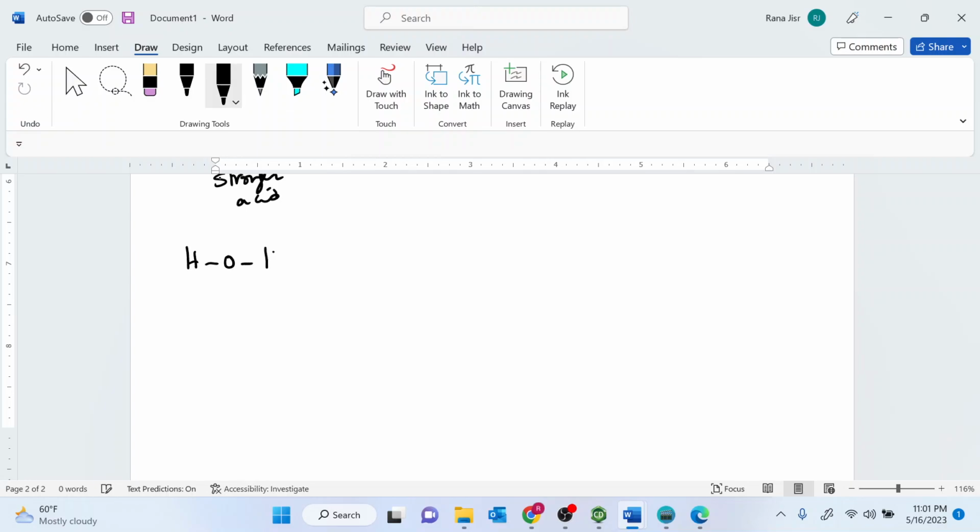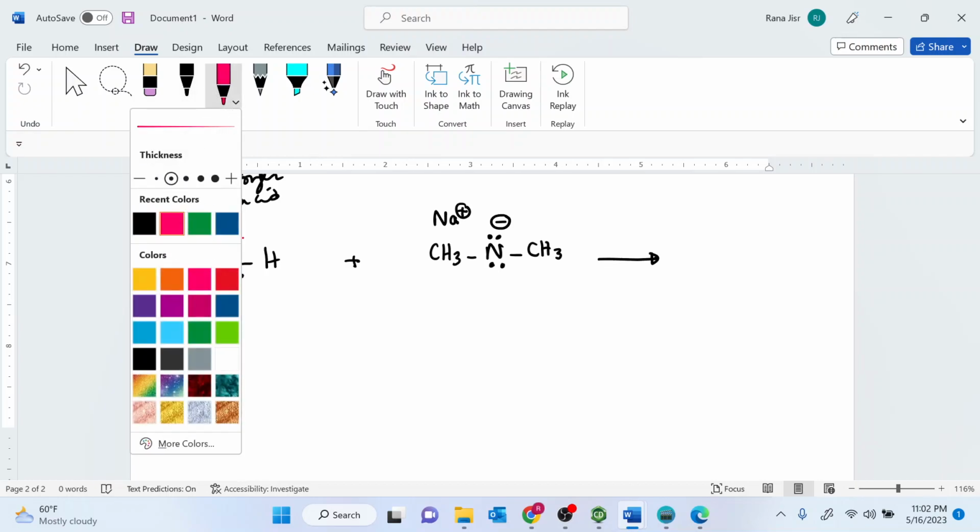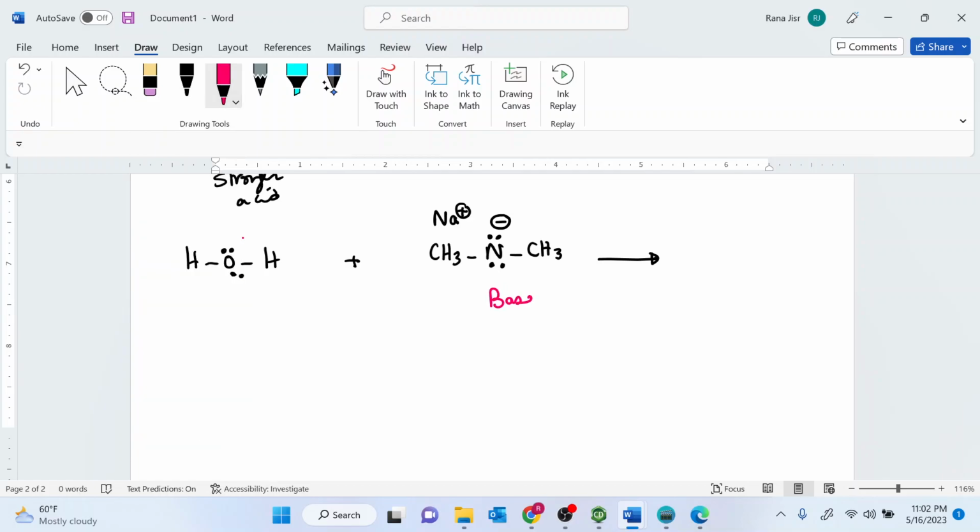So if I have, for example, this reaction, and I am reacting this with the following: I have a CH3 with a negative charge. Of course, there is sodium in there to balance that base. In this case, this is going to be my base, right?